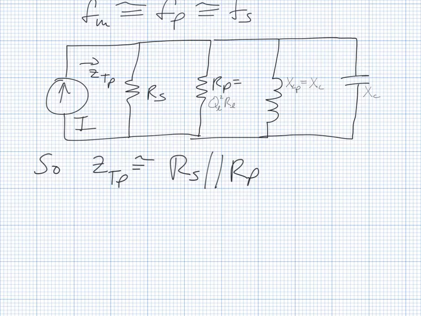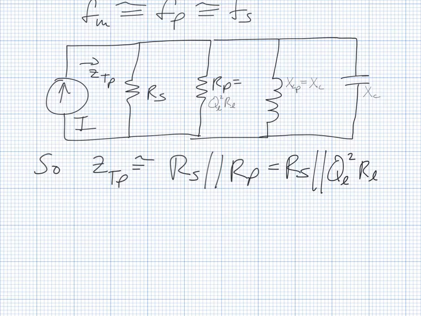So the total impedance at this point at resonance is just going to be dependent upon the series resistor and the parallel resistor. So to continue on with this, we have the series resistor, and if we substitute the equation that we had for the parallel, we'll have the quality factor of the inductor squared multiplied by the internal resistance of the inductor. That's what that means, right?